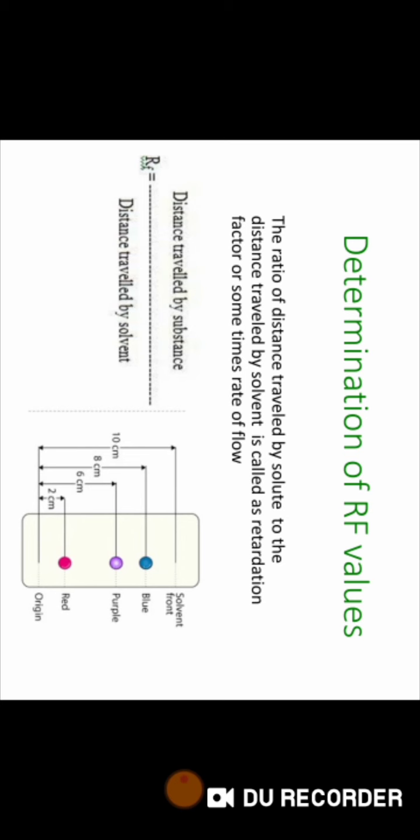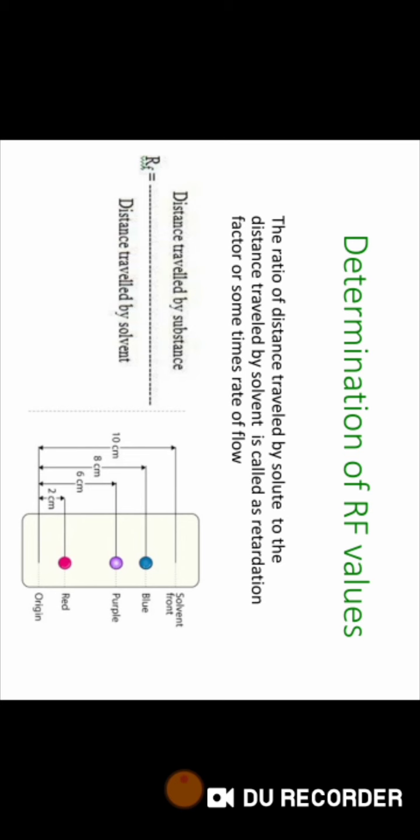Now we'll place the values related to this blue spot in the formula. First, at the numerator, is the distance traveled by the substance. How much distance has this blue spot traveled from the origin? That is 8 centimeter. And what is the distance traveled by the solvent front? That is 10 centimeter.